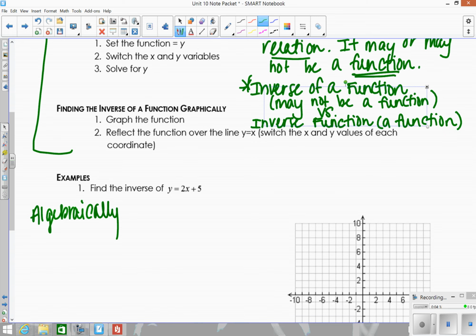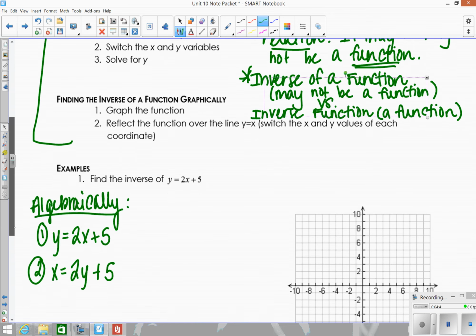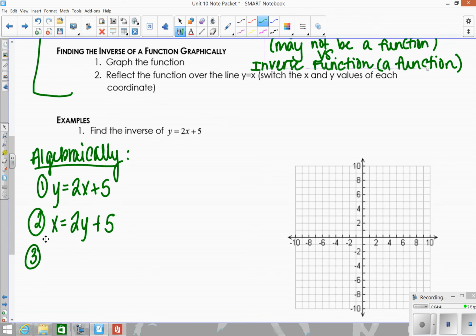To find the inverse algebraically, we're going to go through a three-step process. First, you set the function equal to y, which in this case it's already equal to y, but I'll just rewrite it. The second thing is to swap the x and the y values. So x becomes y and y becomes x. Then the third step is to solve for the new y. So now I need to get y by itself.